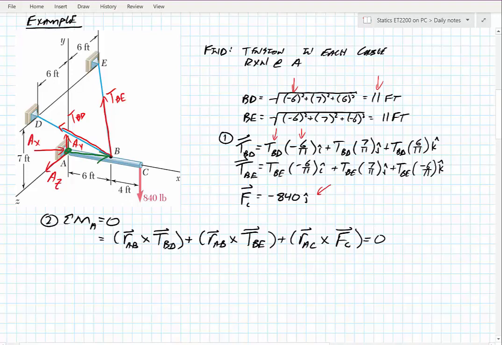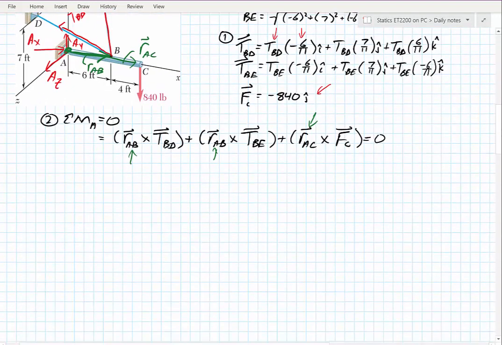So I have the radial arm going from A to B, which would correspond to both of my tensile forces, and then a cross product with both those tensile forces. My second radius is the one going all the way from A to C, and that's crossed with the force at C, that 840-pound vertical force. So the next step is to set up those matrices.